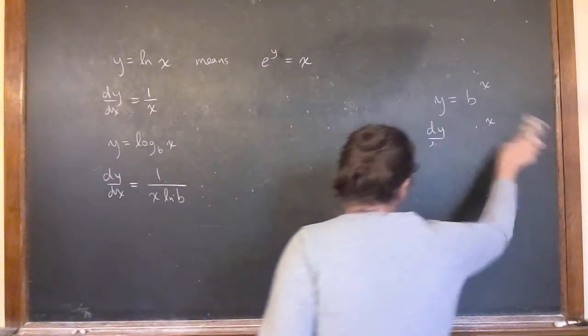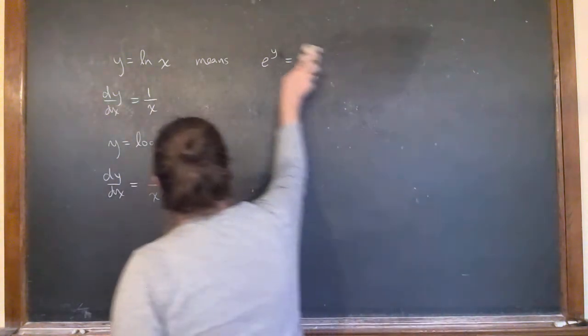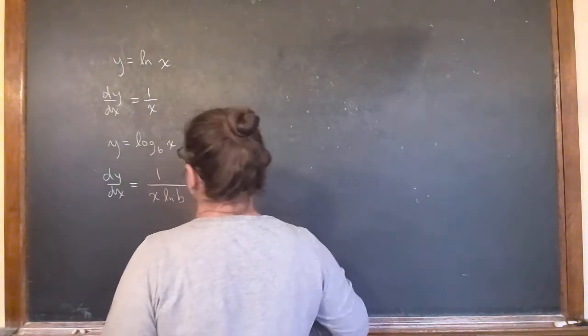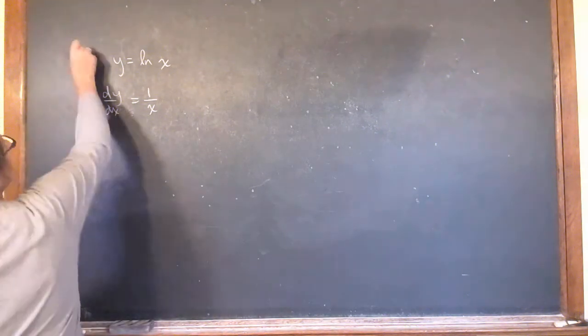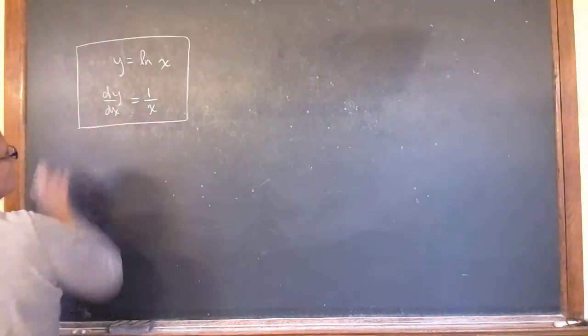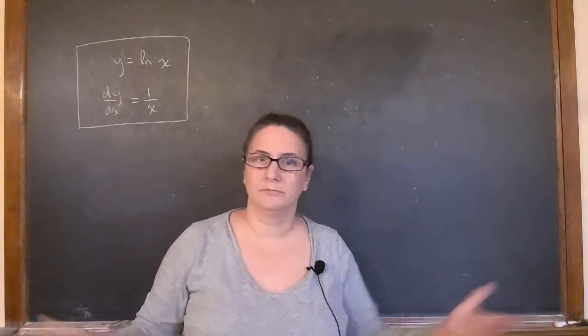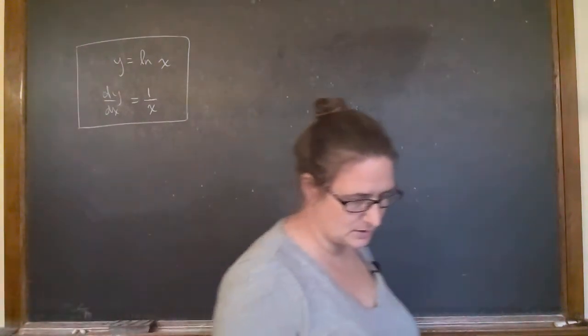So what we're going to do now is we have the chain rule. So I can use this with the chain rule to do more derivatives. I'm going to do a few here.